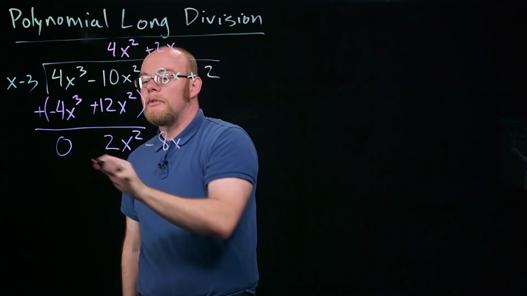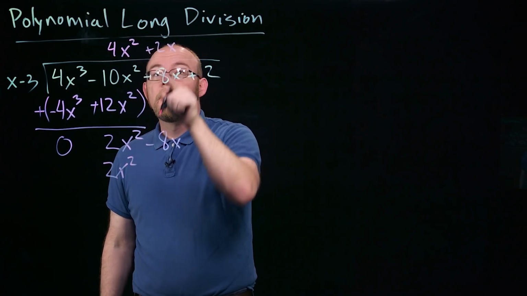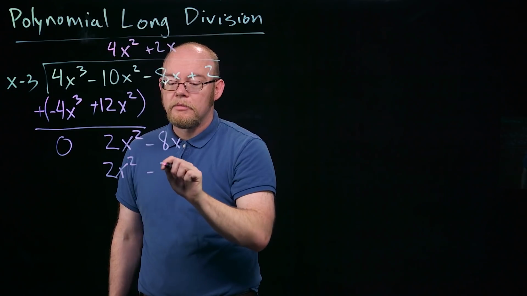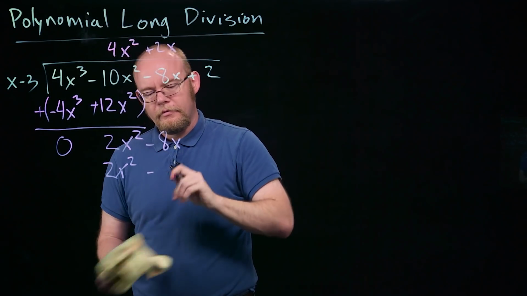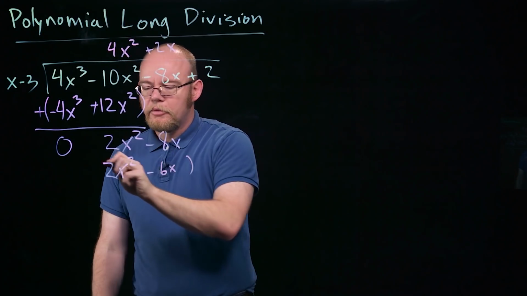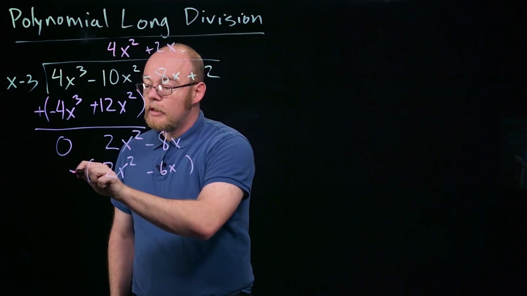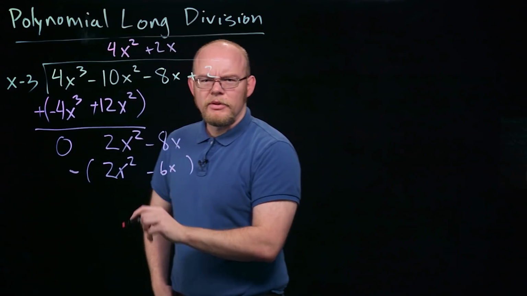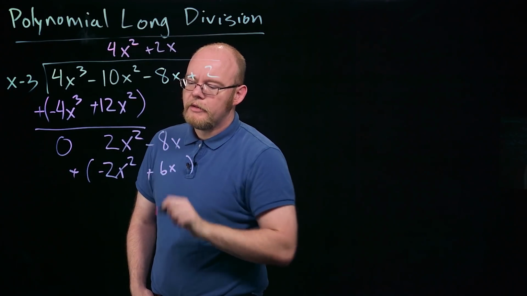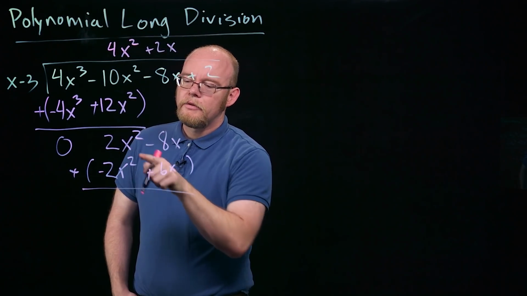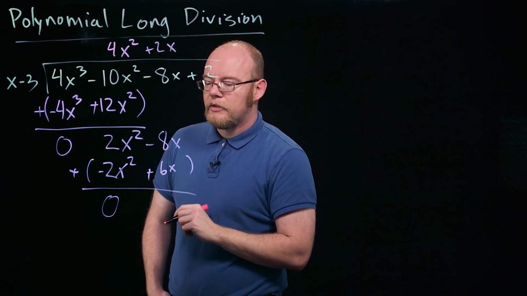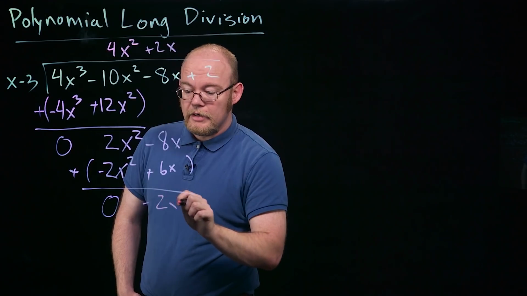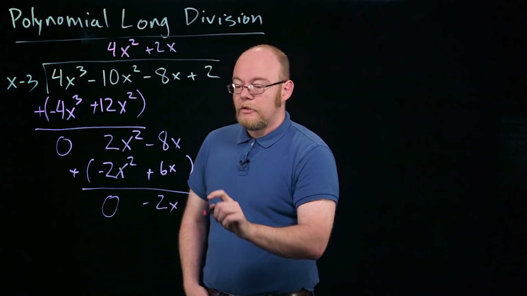So we have 2x times x, that's 2x squared. 2x times negative 3, that's minus 6x.